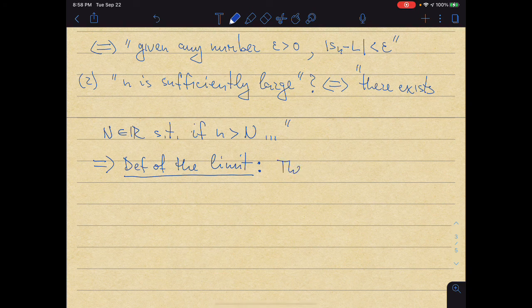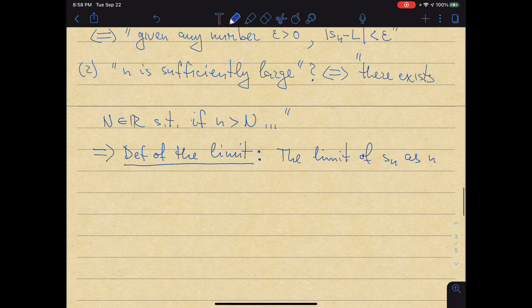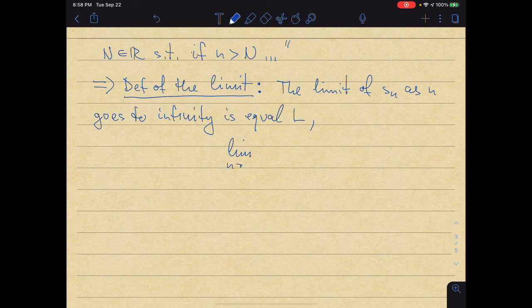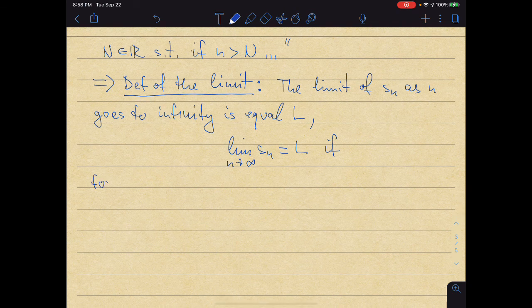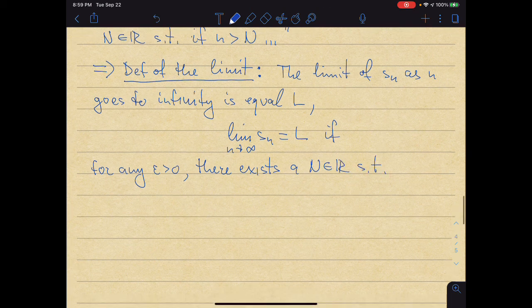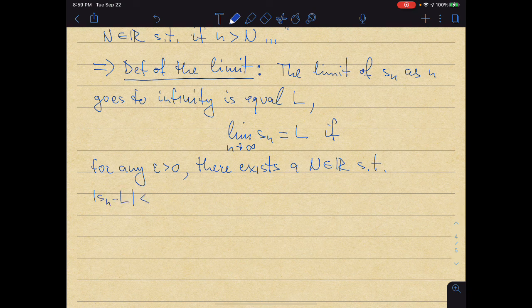The limit of Sn as n goes to infinity is equal to L, using our standard notation, limit as n goes to infinity of Sn equals L, if for any epsilon greater than 0 there exists a capital N in R such that Sn minus L is going to be less than epsilon if n is greater than capital N.